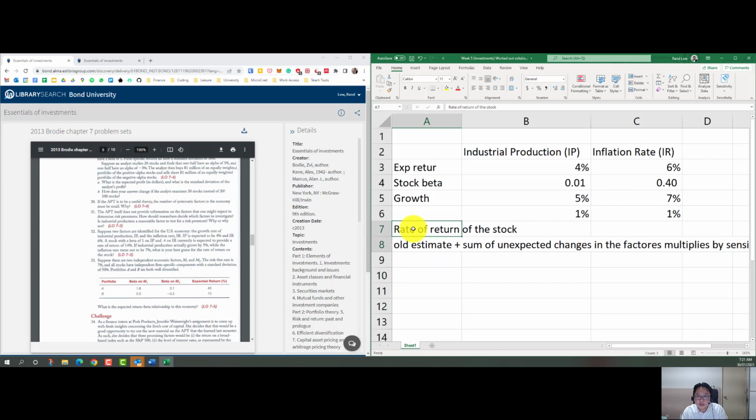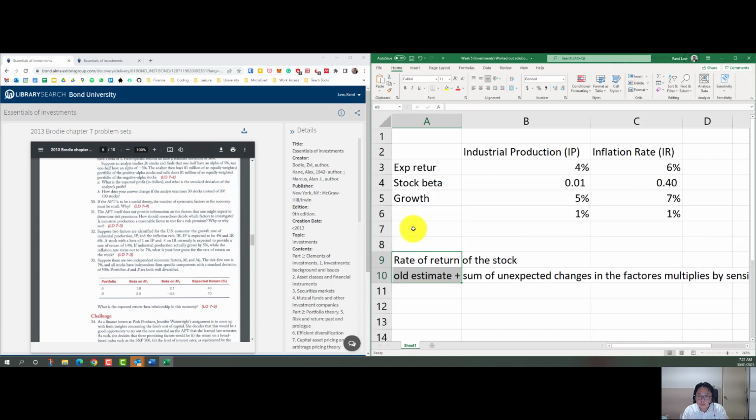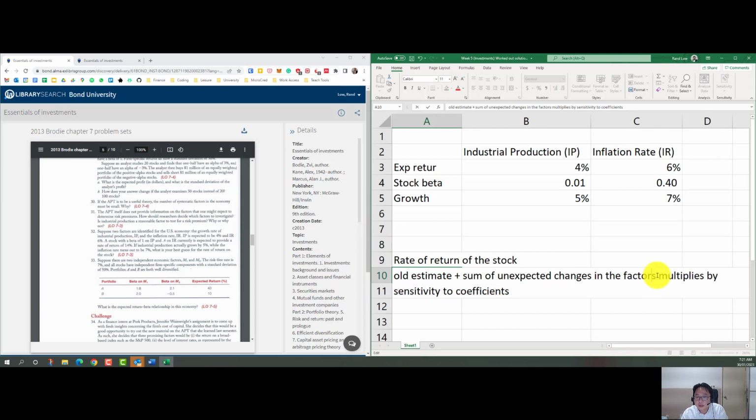The rate of return is the old estimate plus the sum of unexpected changes in the factors multiplied by the sensitivities. Let's look and see.